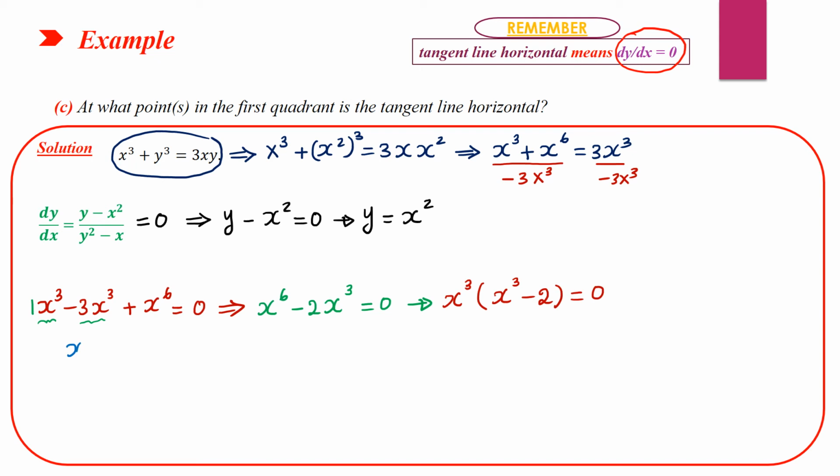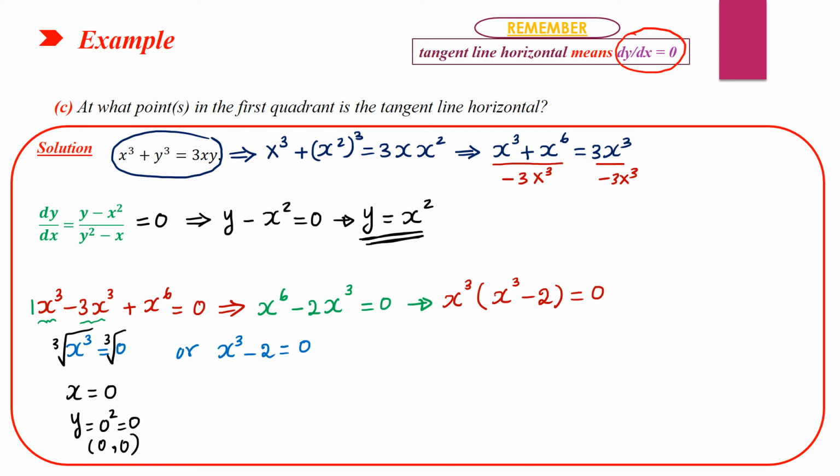So we have x to the 3 equals 0, or x to the 3 minus 2 equals 0. For the first equation, you take the cube root of both sides, and you will get x equals 0. Since y equals x squared, when x equals 0, y equals 0 squared, which is 0. So we have the point 0, 0.